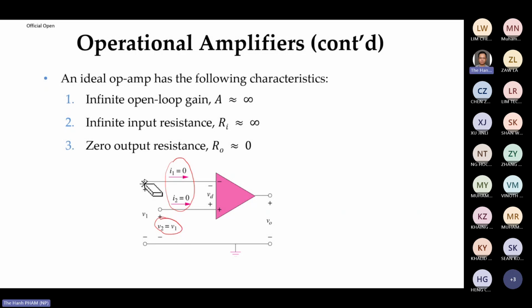So V2 and V1 must be the same. Because V2 and V1 are the same, there's no current running through here. If they were different, there would be some current, right? So you must remember this if you have to analyze any op-amp circuit. Take note of this.